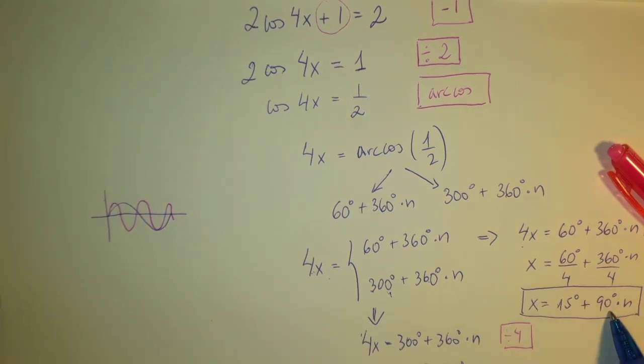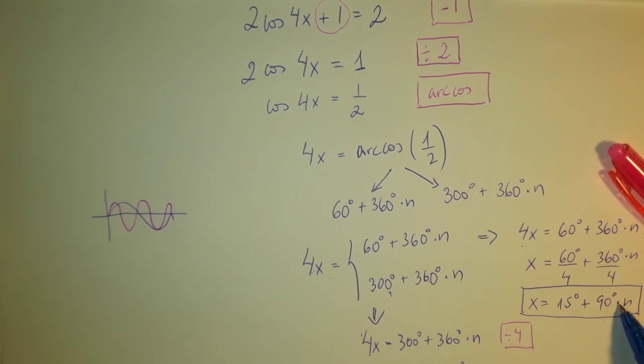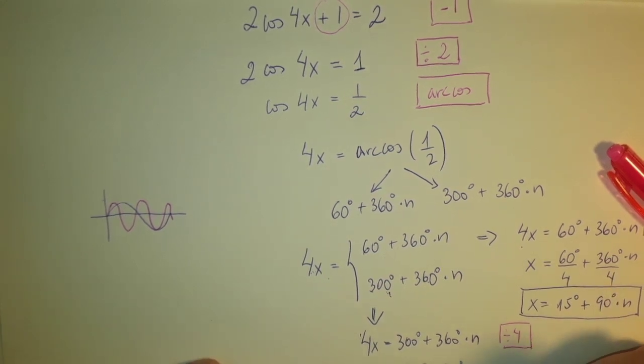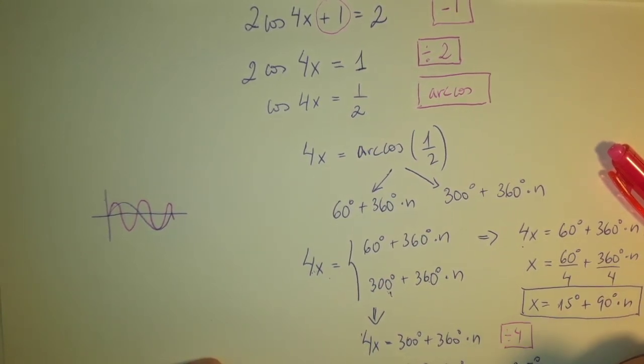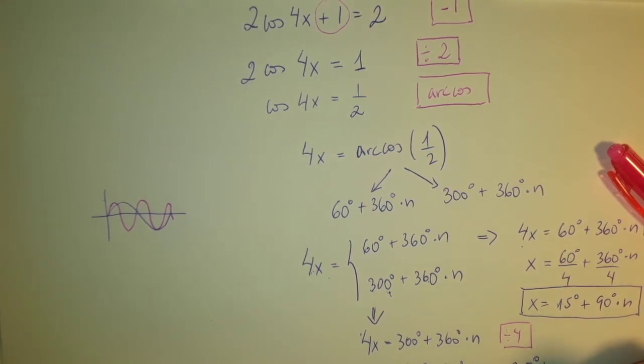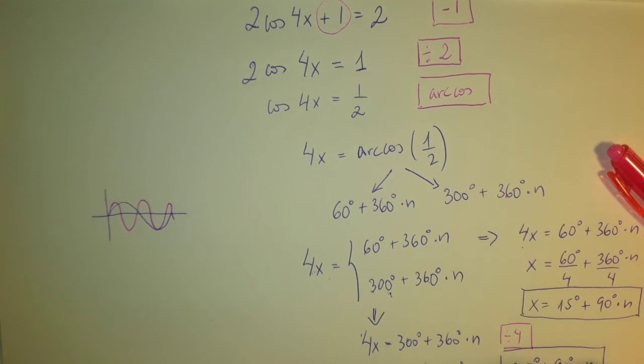Again, it happens 4 times more frequently, not every 360, but every 90, while this one is 75 degrees plus 90 degrees times n, okay? So this is the other answer.